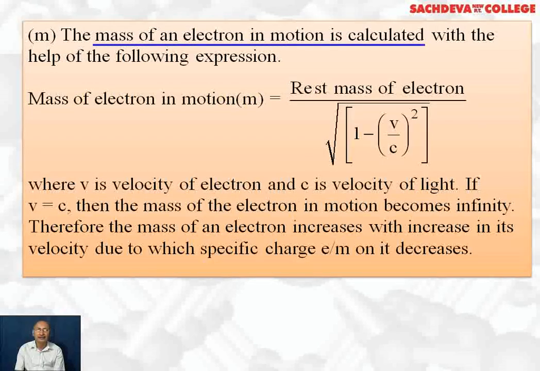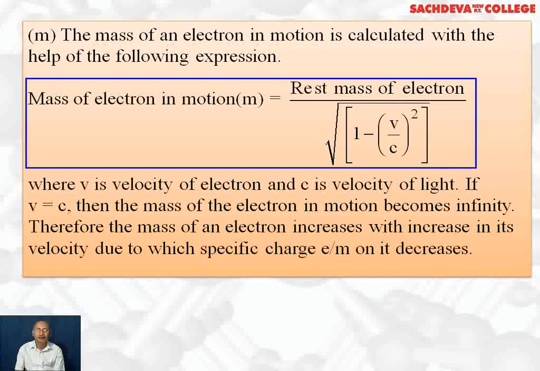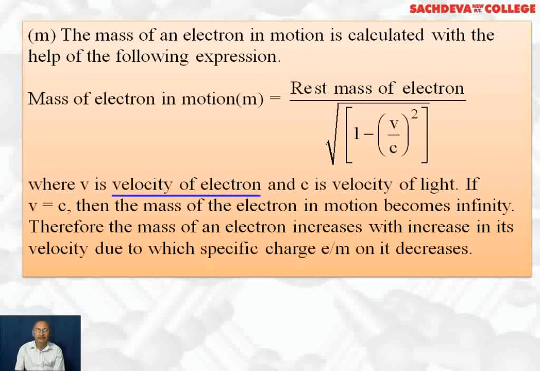The mass of an electron in motion is calculated with the help of the following expression. Mass of electron in motion, denoted by m, is equal to rest mass of electron divided by square root of 1 minus (v over c) whole square, where v is the velocity of electron and c is the velocity of light. If v is equal to c, that is velocity of electron is equal to velocity of light, then the mass of electron in motion becomes infinity.